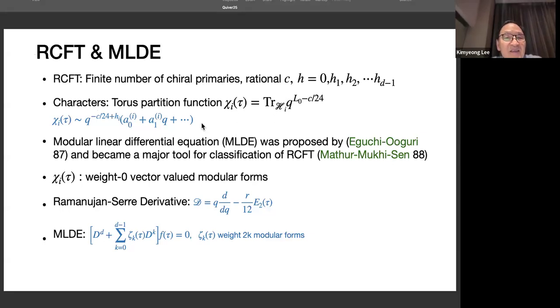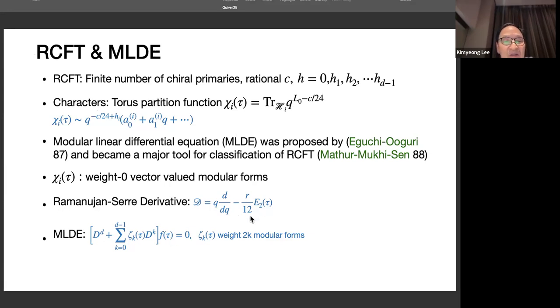Now, these characters satisfy a modular linear differential equation, which was proposed by Eguchi and Ooguri, and also became a major tool for the classification of rational conformal field theory by Mathur, Mukhi, and Sen. The differentiation is called the Ramanujan-Serre derivative, which is the covariant derivative of modular forms.